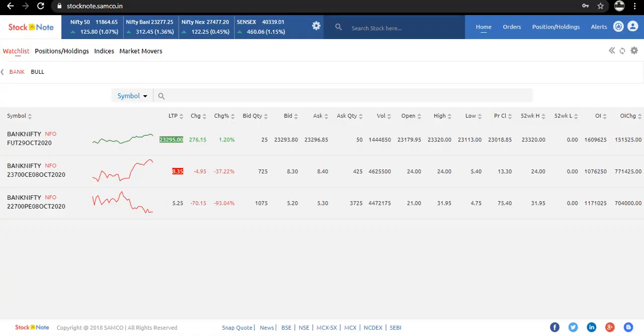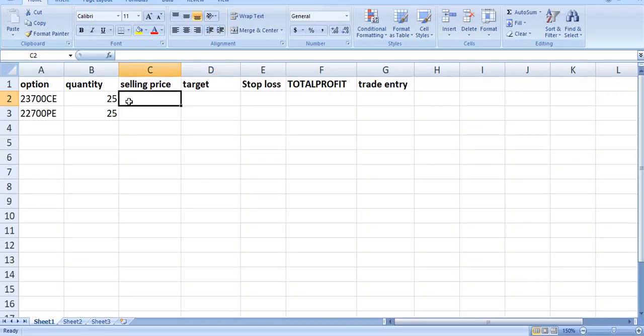Okay, so here we are placing an order of 8.50 and our target will be 1 rupee, and the stop loss, here we have to take a big stop loss, so we will place a stop loss of 30 points, which is 30 LTP. Okay traders, so that's it.